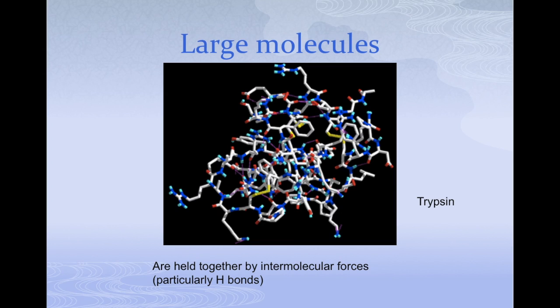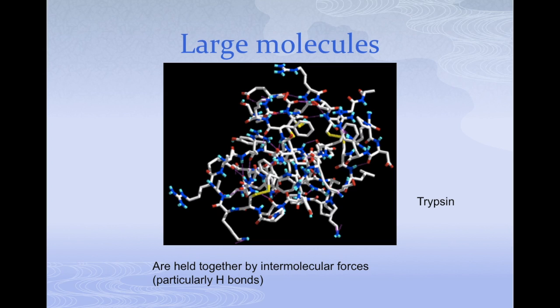And the shape is dictated by hydrogen bonds and other types of intermolecular forces between the different parts of the molecule. So even though it's within the molecule, different parts, since it's so large, are attracted to each other by intermolecular forces, and it plays a very important role. If we did not have these forces, the enzyme could not exist as it does and would not be able to function.